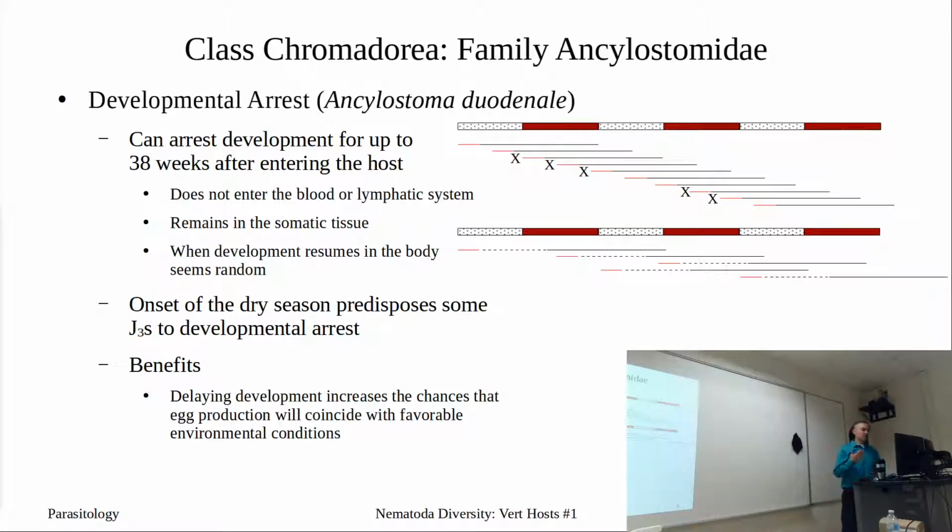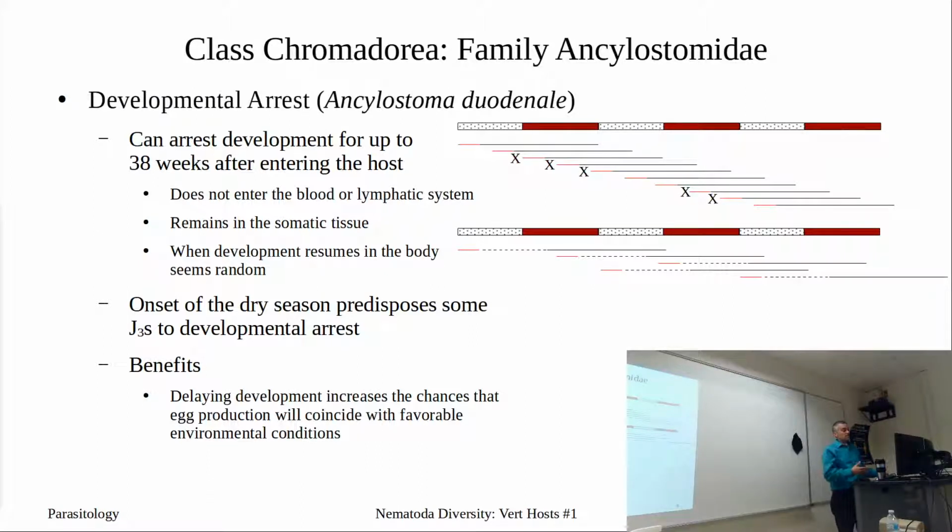So these things penetrate into the host, and then they just stop. They don't enter the lymphatic system. They don't enter the circulatory system. They just remain in whatever tissue they initially penetrated. And then at some random time in that up to 30-week time period, all of a sudden they come out of their arrested development, enter the blood or the lymphatic system, and complete their migration.